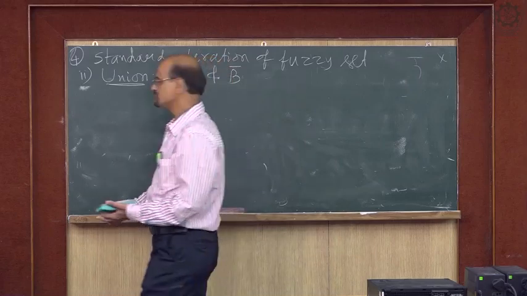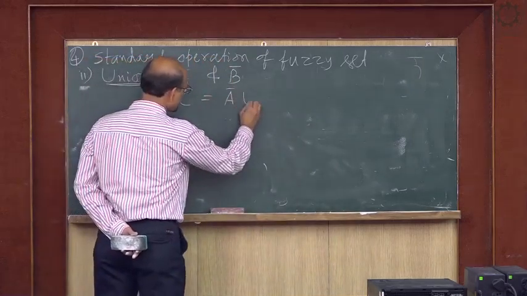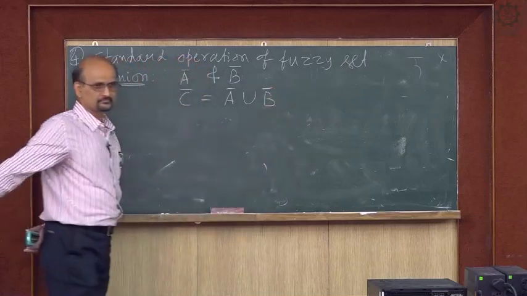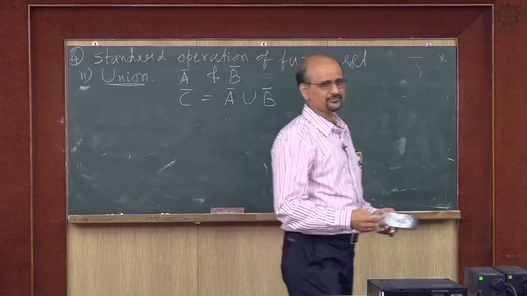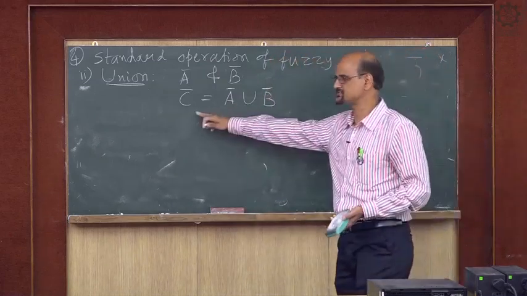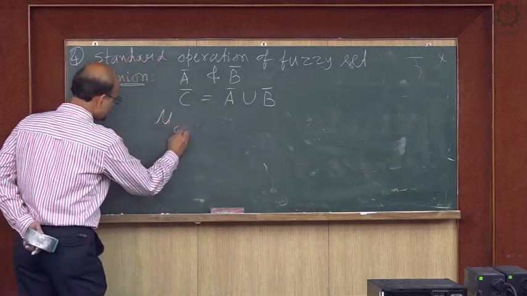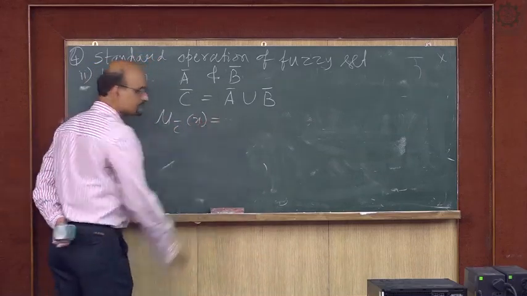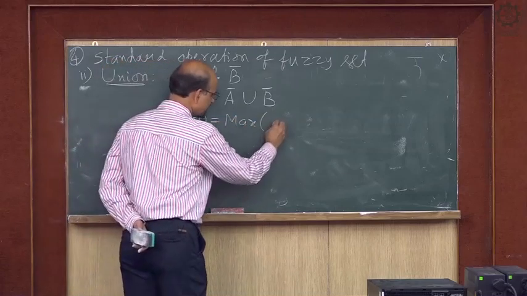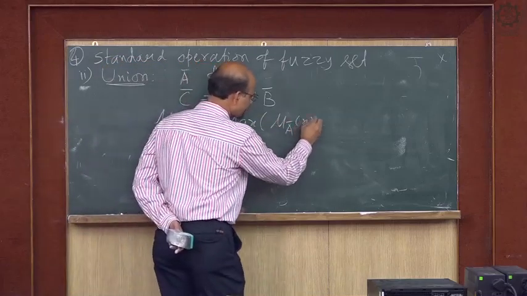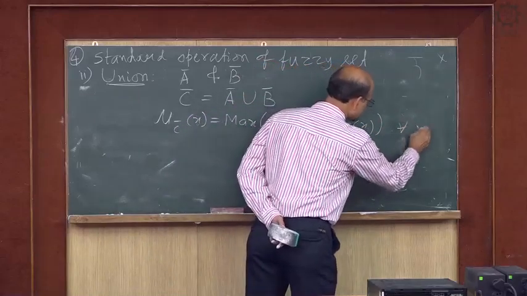I write another fuzzy set C bar equal to A bar union B bar. The main issue is the membership function. The membership function of C bar at x should be the maximum of mu A bar x and mu B bar x, for all x belonging to X.